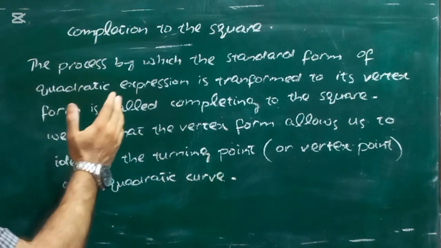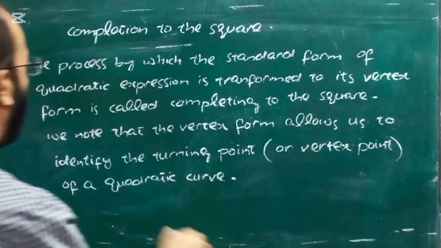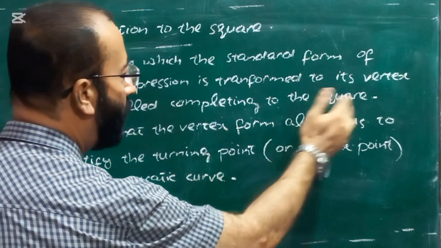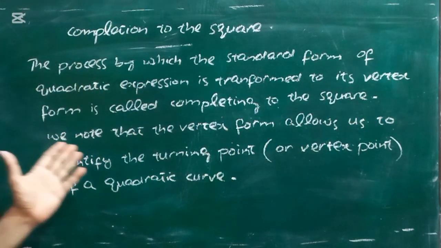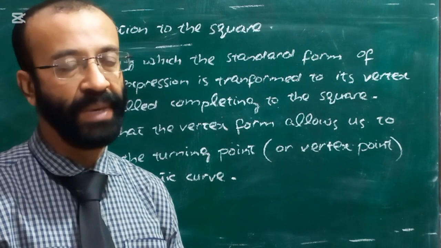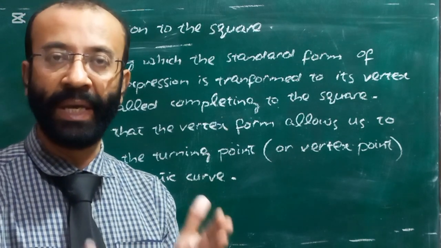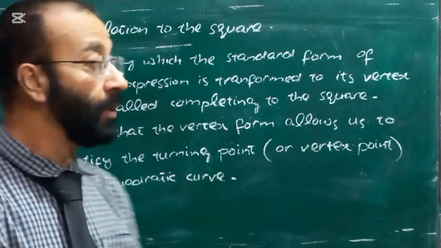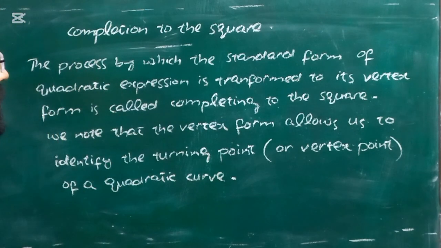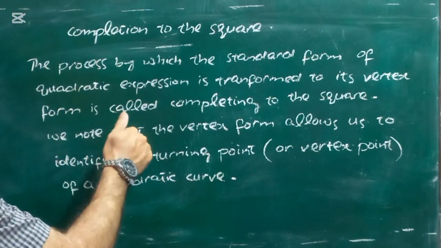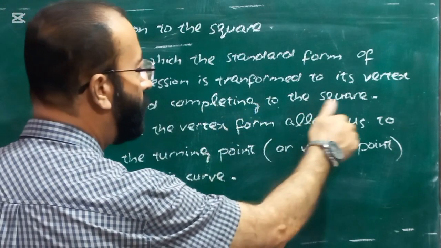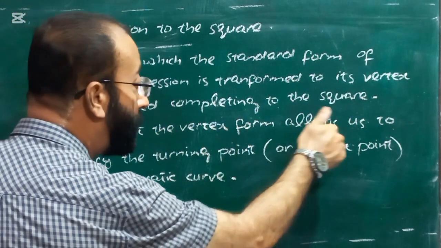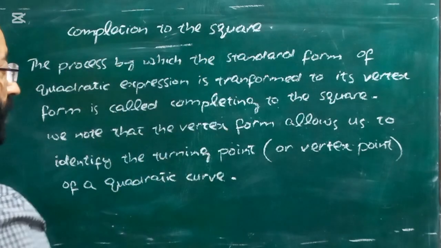The process by which the standard form of a quadratic expression is transformed to its vertex form is called completing the square, which is our topic for today.